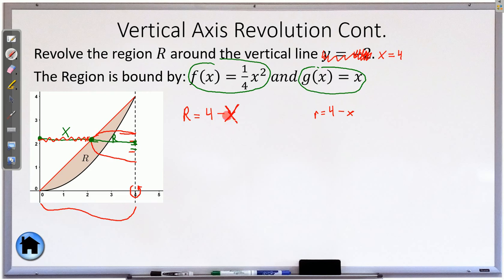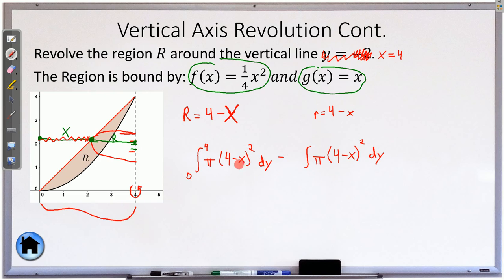Actually, that's probably not the best way, but we will solve those here in a second. So the big radius will be the integral from 0 to 4 of pi times 4 minus x squared dy minus the integral from pi times 4 minus x squared dy.